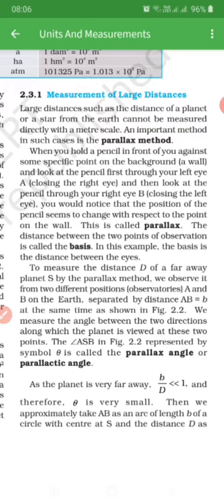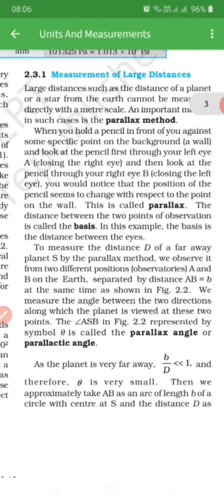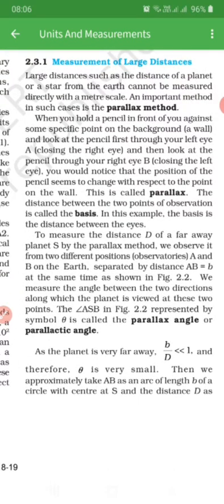The condition is that you have to close your other eye. So here we can see A and B. Here you can notice that the position of the pencil seems to change with respect to the point on the wall, and this is known as parallax. This parallax we also have to use in the practicals.